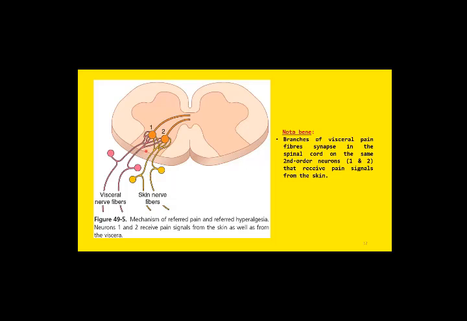So the viscera like heart, kidney or intestine will share a specific region of skin because the site of synapse on the second order neuron is the same.